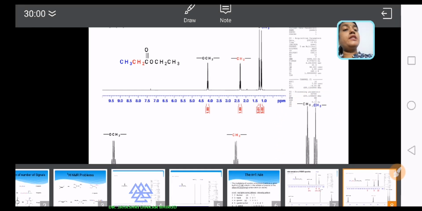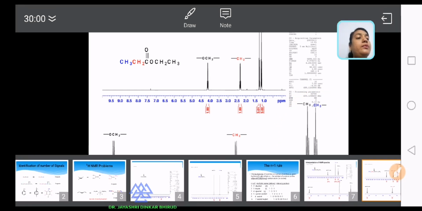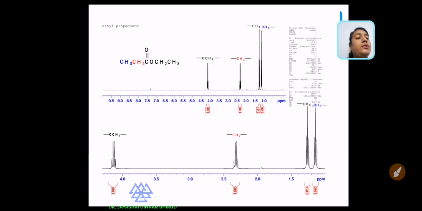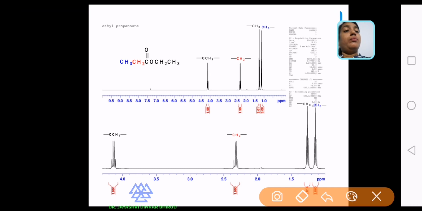CH2 groups: both the CH2 groups are attached to CH3 groups, meaning neighboring carbon atoms containing 3 hydrogens. So according to the n plus 1 rule, 3 plus 1 is equal to 4. Therefore, these CH2 groups give a quartet.